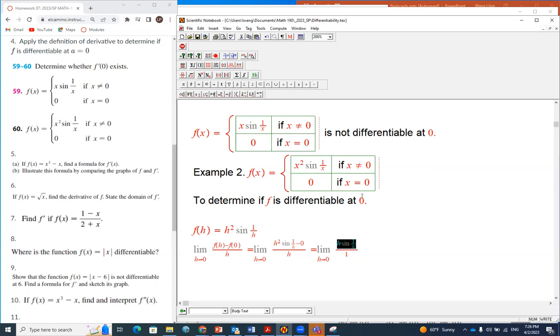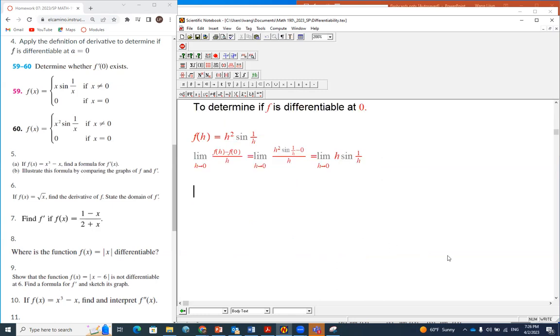So we get h multiplied by sine of 1 over h. What is the limit for this piece? Can we do direct substitution? No, we cannot, because 0 is not in the domain.